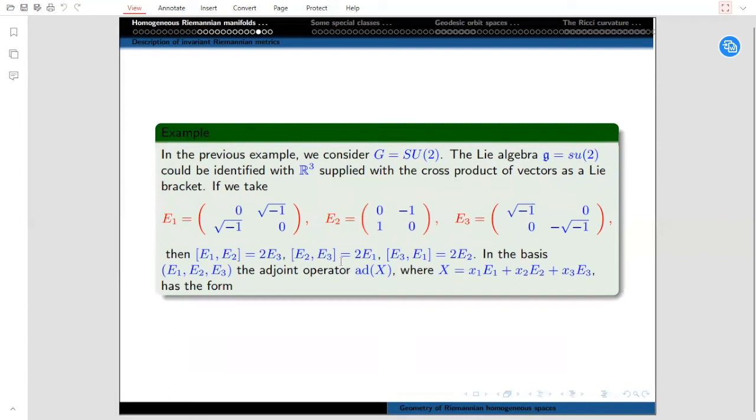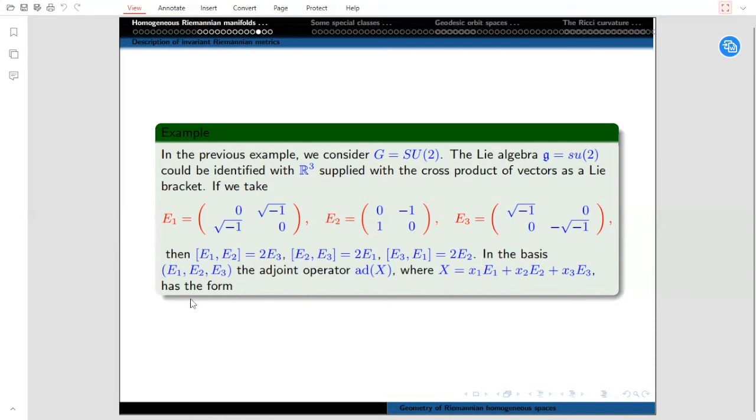And a more concrete example. In the previous example, we can consider G to be SU(2), a very simple compact Lie group, three-dimensional, with Lie algebra su(2), small. This Lie algebra can be identified with the usual R^3, the usual three-dimensional Euclidean space, supplied with the cross product of vectors as the Lie bracket. If we take, say, these three matrices from su(2), then it is easily verified that we have these relations.